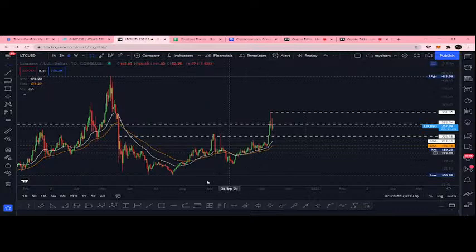Ano pa ba yung pwede nating tingnan? Yeah, maybe let's try to create this one. I think we can create it here. 2 points pa rin naman siya. So this area will also become our possible support area after the breakout.